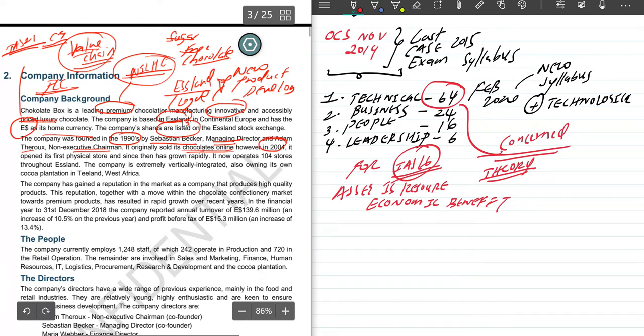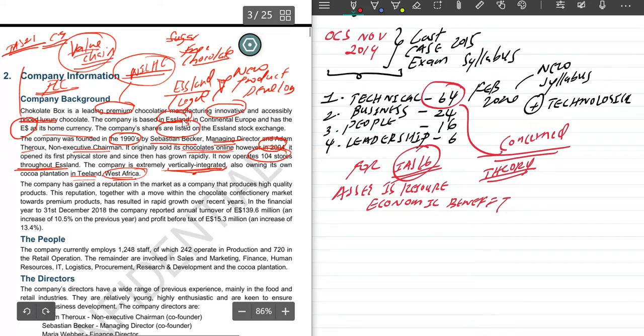However, in 2004 it opened its first physical store, and since it has grown rapidly, it now operates 104 stores throughout Estland. So that shows that the distribution network is very high here. So it has gone very fast. The company is extremely vertically integrated, so students, they acquire the supply chain, also owning its cocoa plantation in Teeland, West Africa. Okay, so just be careful with that.